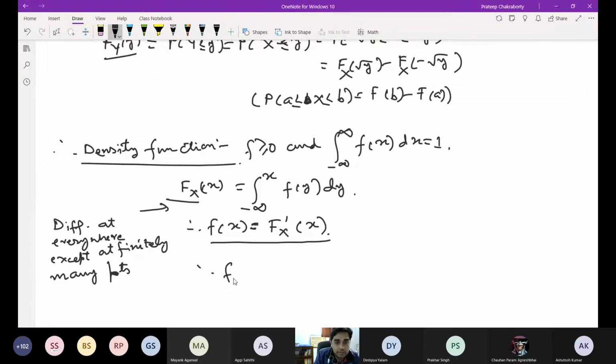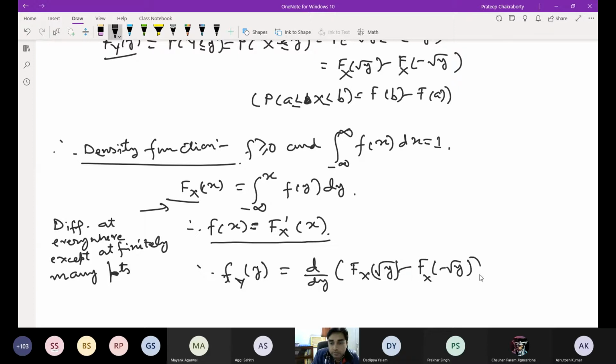If we take the density function with respect to the random variable Y, that will be d/dy of F_X(√y) minus F_X(−√y).